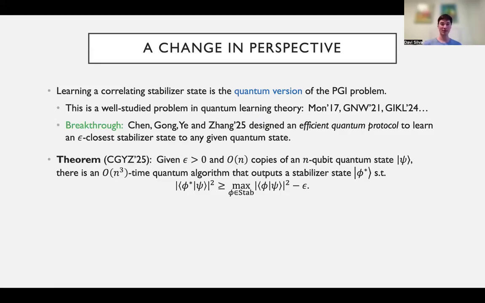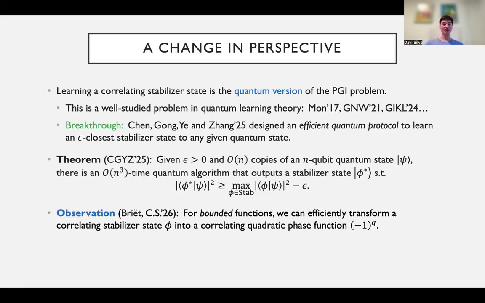So essentially, the result says that given a linear number of copies, order n copies, of an n qubit quantum state psi, you can output very efficiently using a quantum computer a stabilizer state phi that has almost maximal correlation with the quantum state that you start with, among all possible stabilizer states.